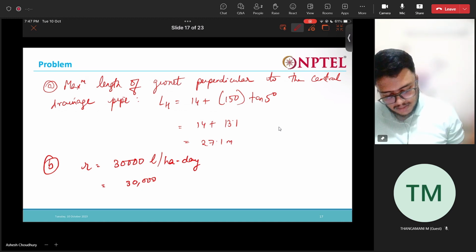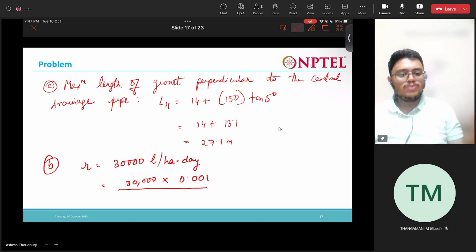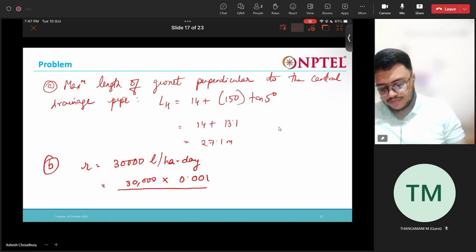So 1 liter is how much? 0.001, which is 10 to the power minus 3 cubic meter. How to convert hectare to meter square? 1 hectare is 10 to the power 4 meter square. Okay, so let us find that out.